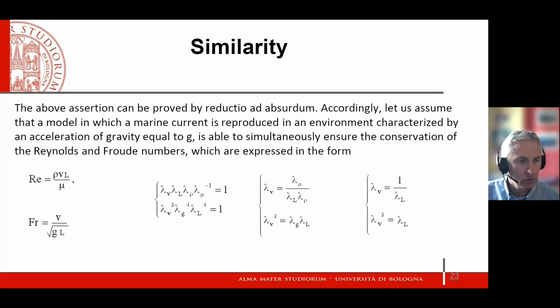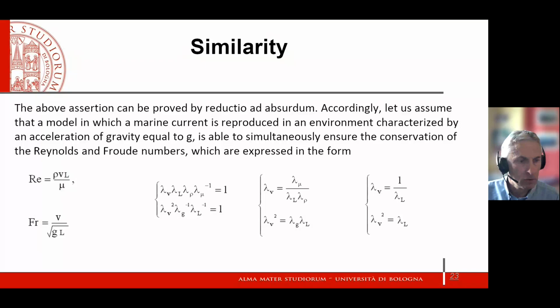Lambda v resulting from the Reynolds number is equal to 1 over lambda L. From the second relationship, lambda v squared is equal to lambda L. You see that they are incompatible. They are incompatible. So what does this mean?